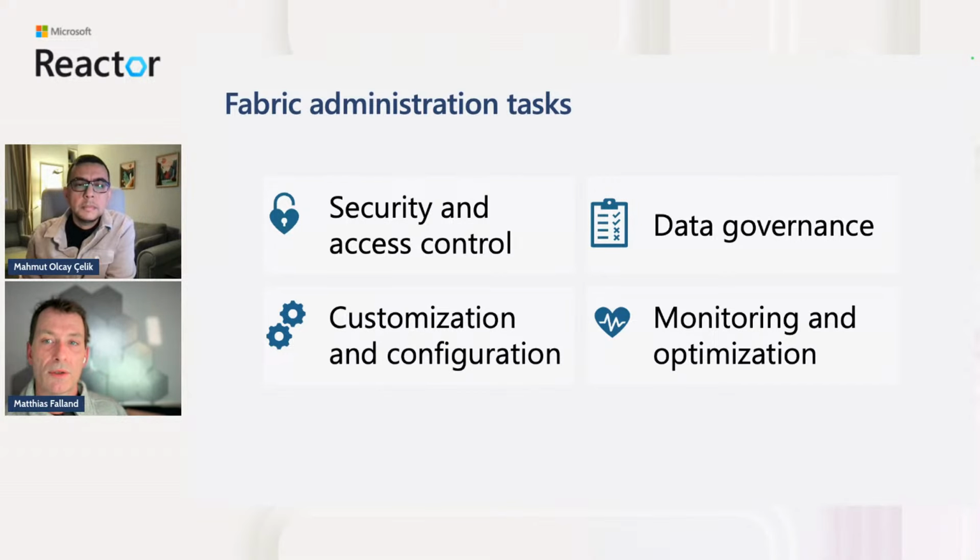You also have a very, very important task with data governance. So you need a solid understanding of the data governance principles. You should know how to secure inbound and outbound connectivity, and how to monitor usage and performance metrics.